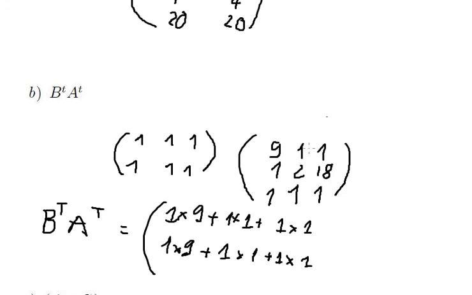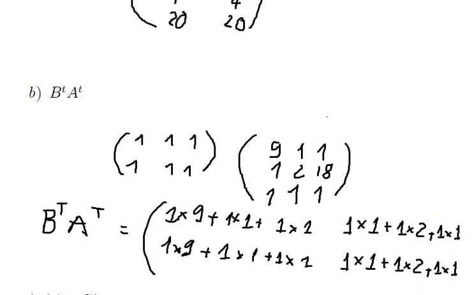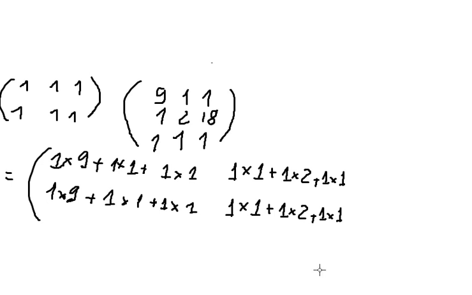And now this location, 1 with number 1, 1 with number 2, 1 with number 1. Similar for the second one. Now let's go to the last one. One with number 1, one with 18, one with number 1. Now we copy the same for the second.